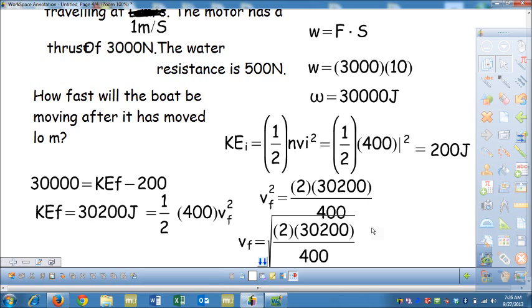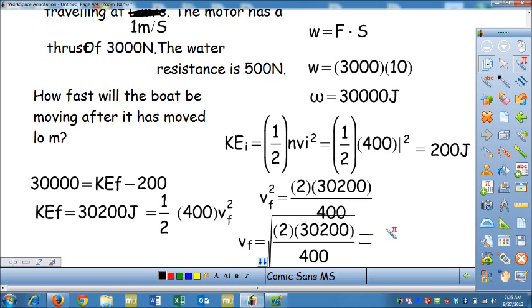It looks like about, if I look at my significant digits, I'll call it 12. Okay, so we're saying that equals 12 meters per second. So that's our answer. I guess I didn't need a kinematic equation after all.